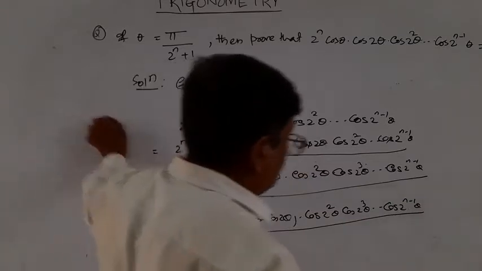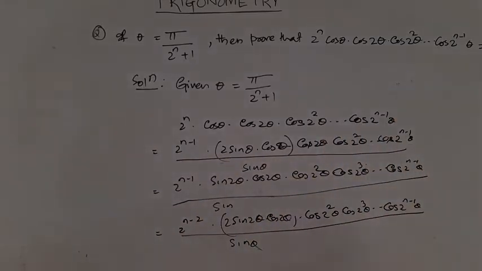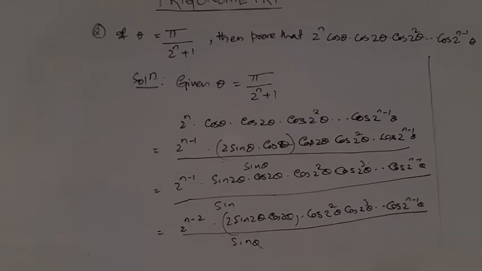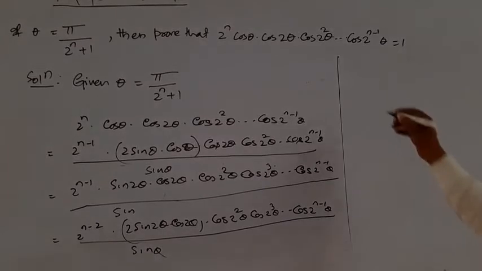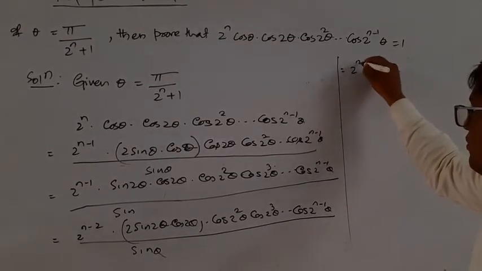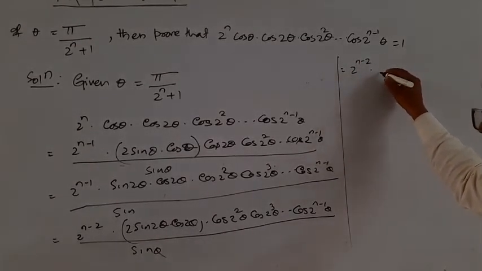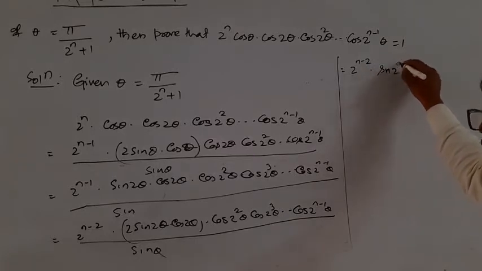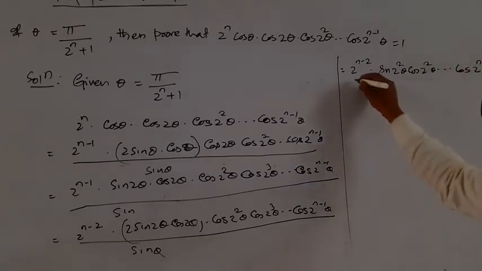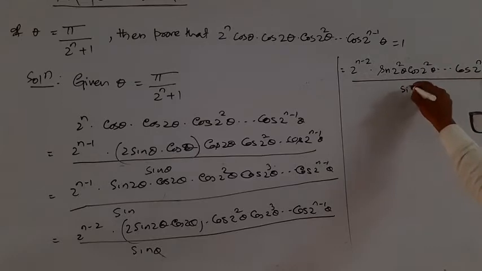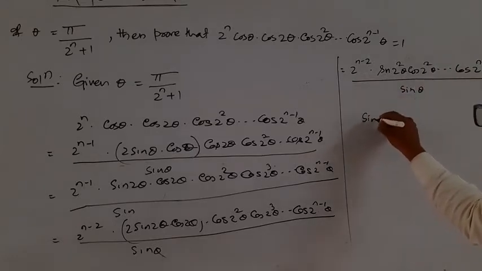So this is equal to, we get, that is, 2n minus 2 and this is sin 4 theta, sin 2 square theta into cos square 2 theta, and so on up to cos 2n minus 1 theta by sin theta.